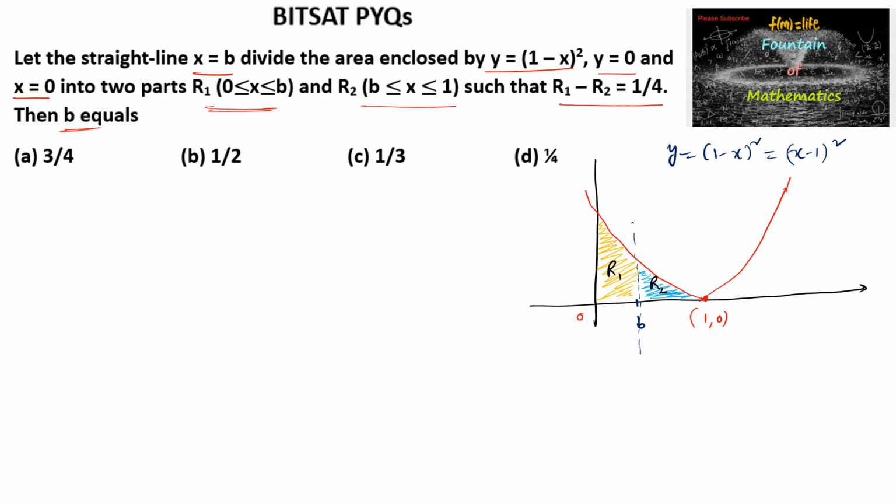So let us identify what is R1. R1 area is, so this is the equation of the x-axis, y is equal to 0, and the y-axis equation is x is equal to 0.